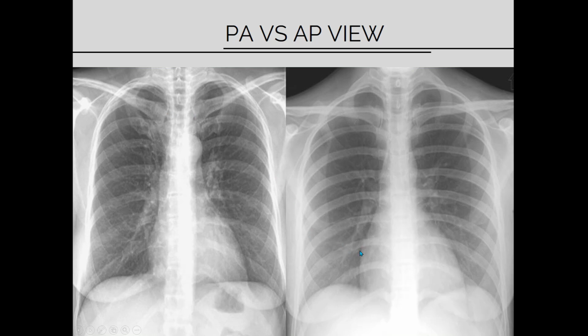Other thing that is very important is that the heart shadow appears larger in the AP view.